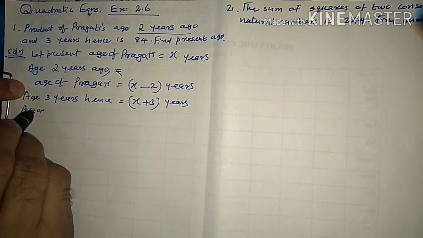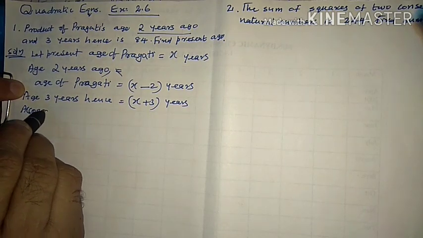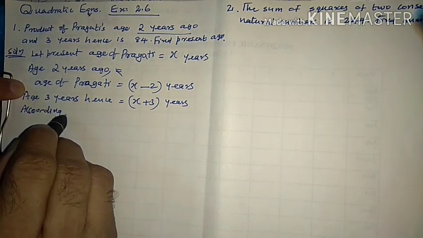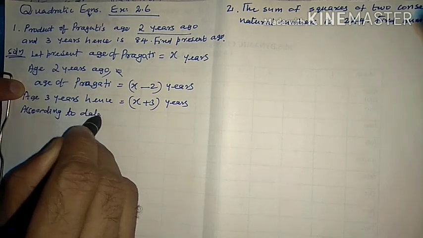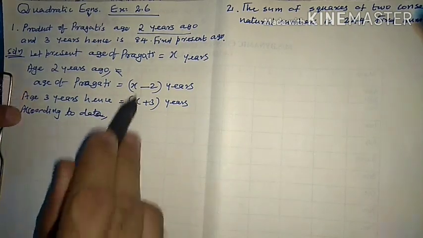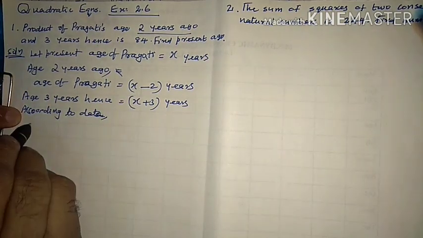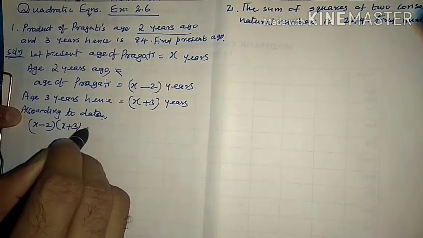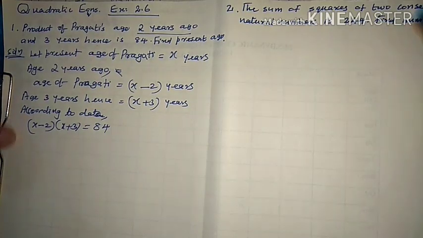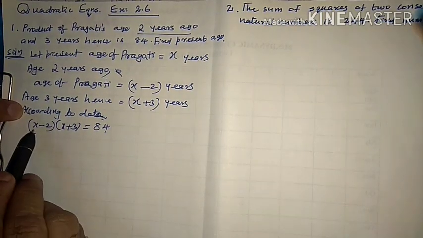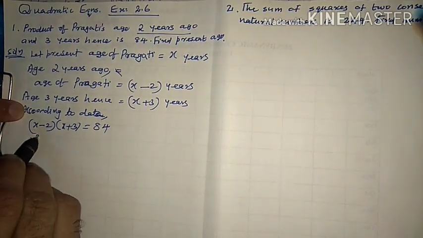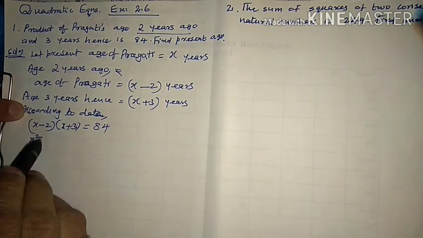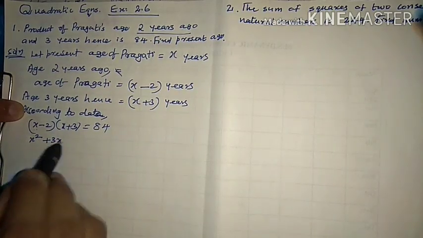So according to the data, the product of this is 84. x minus 2 into x plus 3 equals 84. Now we take the product. x into x, x square. x into plus 3, plus 3x.